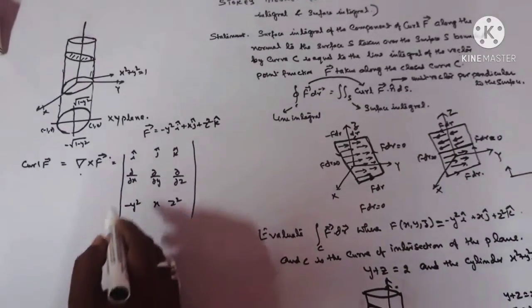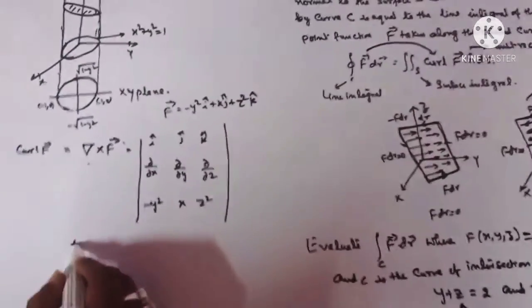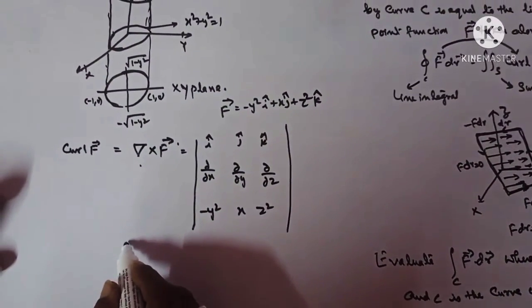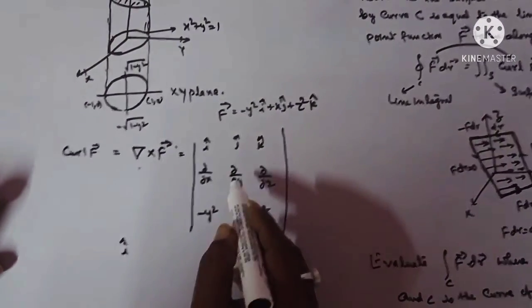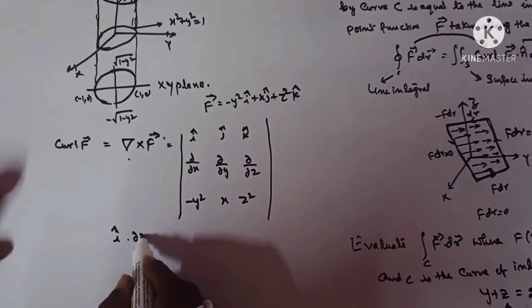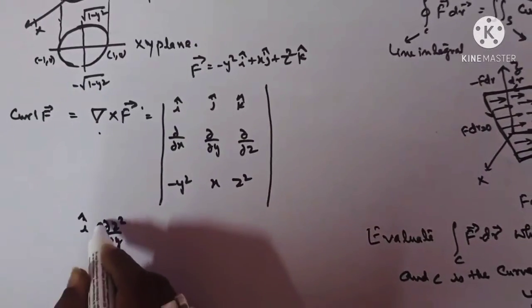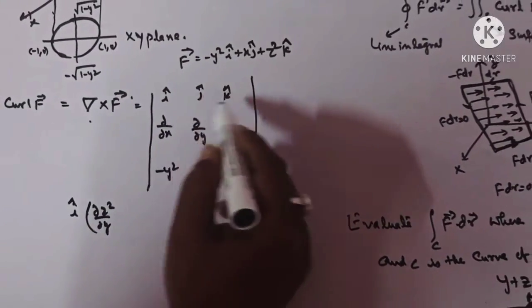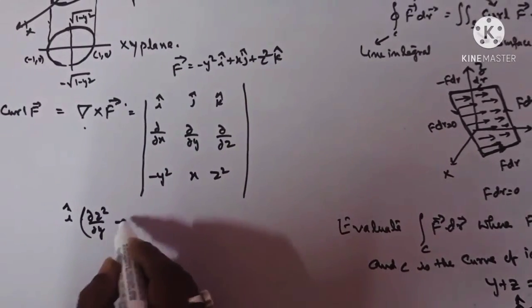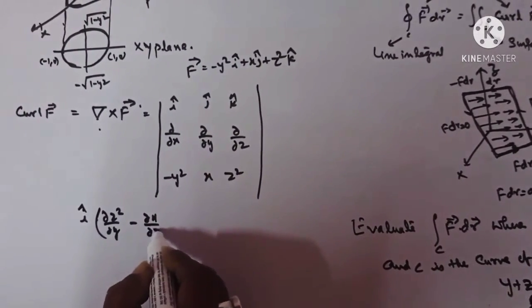So when you solve it, for i cap it is del z square by del y minus del x by del z.